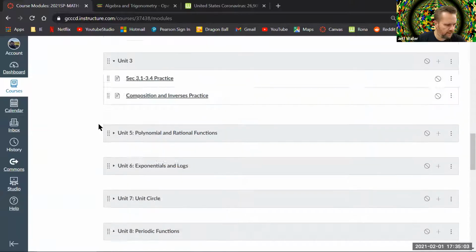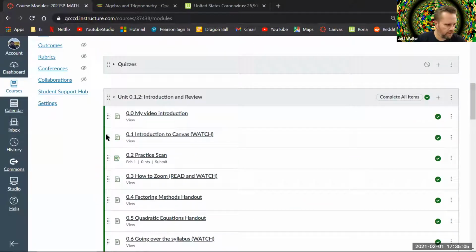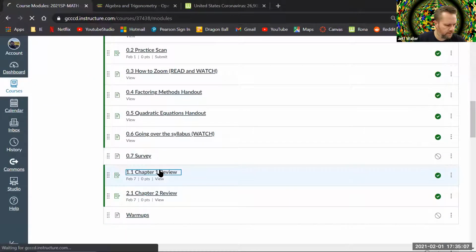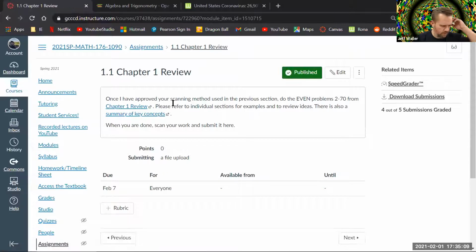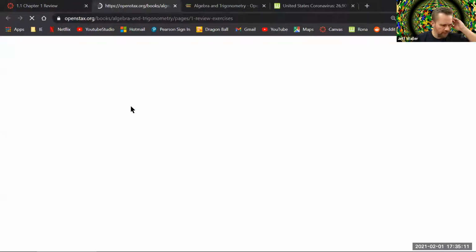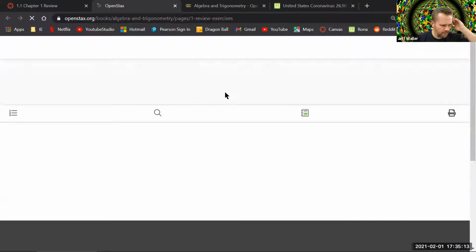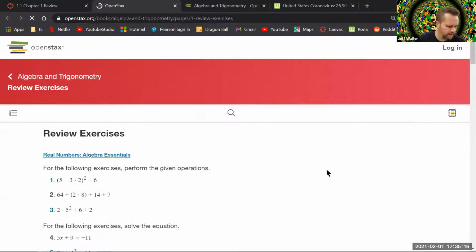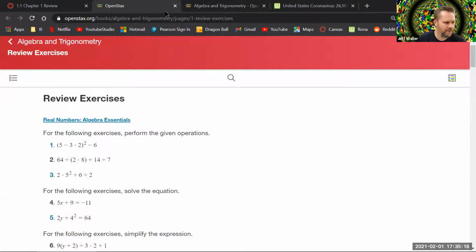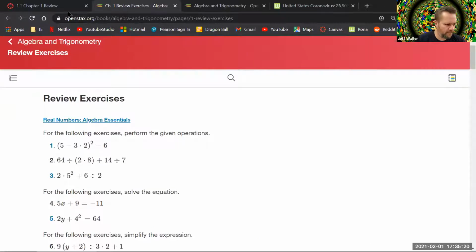I'm trying to remember where unit 1 is. Here it is. I just linked it to the book, so you can't have any excuse about not being able to find the first couple of assignments.